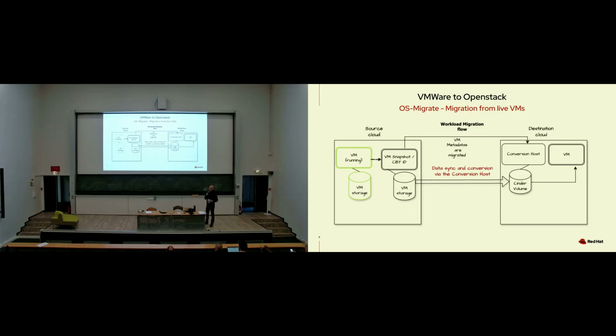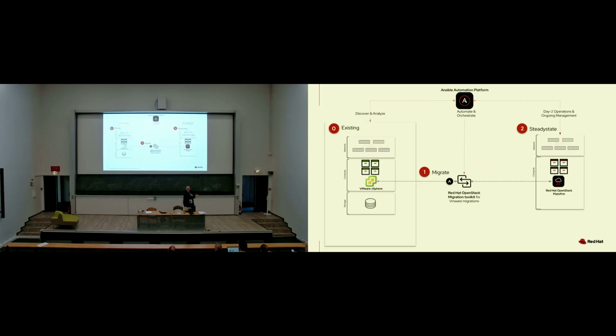For those who are not familiar with that, this is basically like a timestamp on the disk. Then you don't have to copy the whole disk data each time, but you just have to copy the delta between two CBT IDs, which will save you a lot of time. I will show you a bit later in the slide, but in particular when you have very big disks, it's a very nice feature.